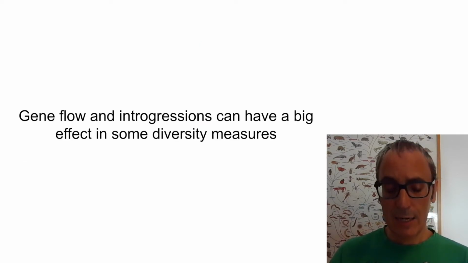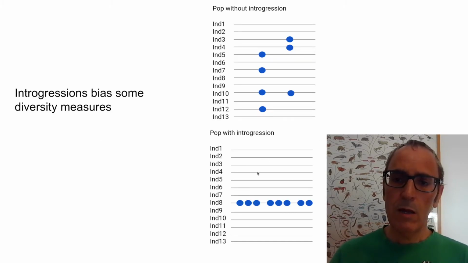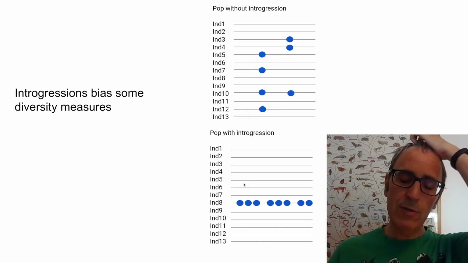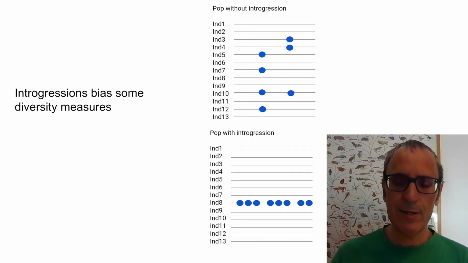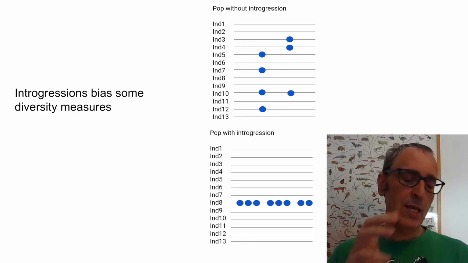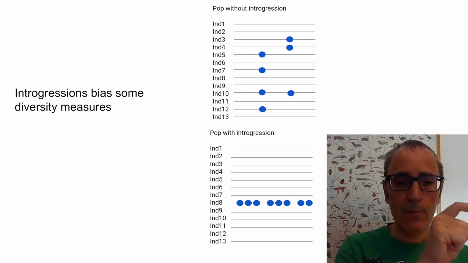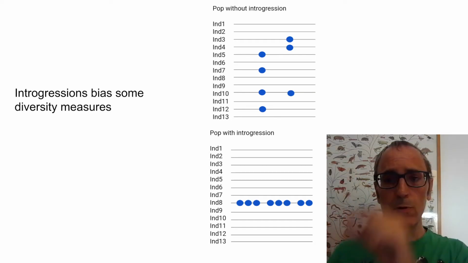And as I have said, introgressions and gene flow can make important differences. For instance, why do introgressions affect these diversity measures so greatly? What is an introgression? An introgression is when we have a haplotype from one species or one population, and we put it in another one.